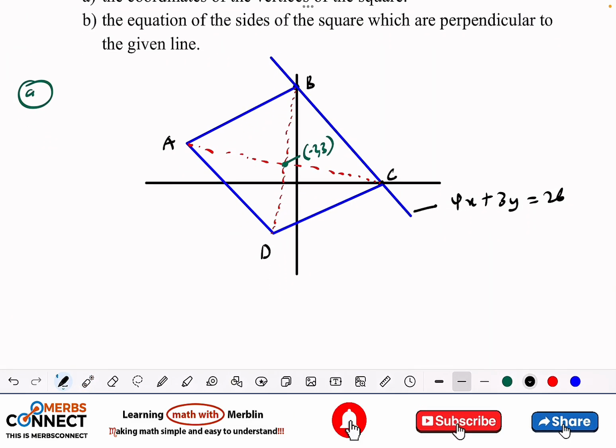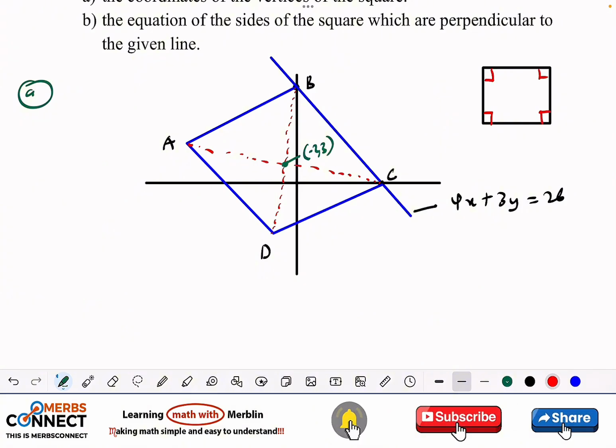Now, the first thing that we need to know is the properties of a square, right? So we know that a square is something like this. So remember, one property is they all meet at 90 degrees: 90, 90, 90, 90, right?